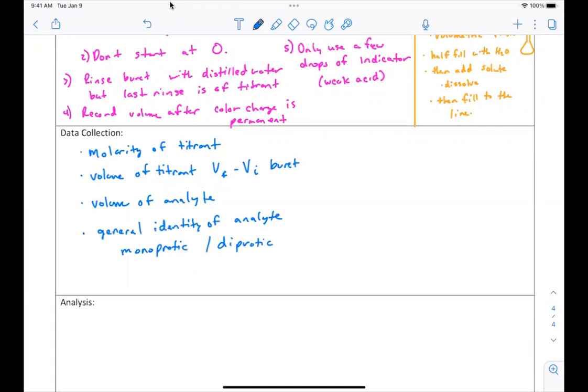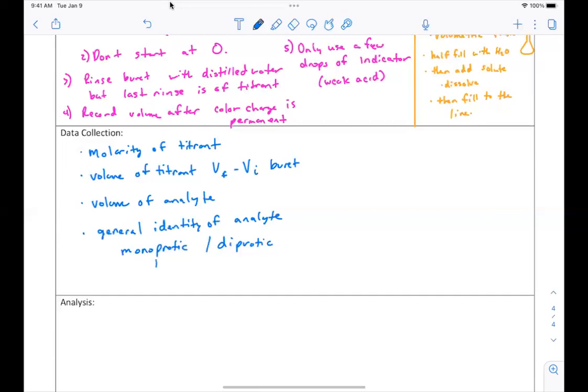Okay. What does monoprotic mean? Break down the term monoprotic. Mono means what? One. Protic means just what it sounds like: proton. So a monoprotic acid can donate one proton. A diprotic acid can donate two protons.